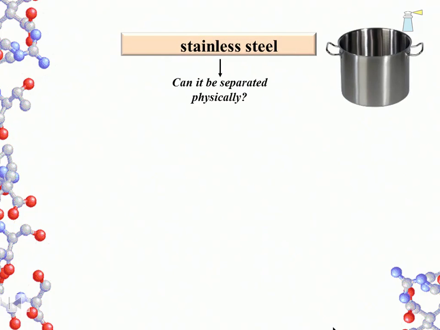And what about stainless steel? Can it be separated physically? These classifications of metals that are not on the periodic table are tricky. Brass, for instance, is a mixture because it can be made with different combinations of copper and tin, not a fixed composition. Stainless steel is a fixed composition, and it is not really separated by physical means, so no, it is a pure substance.